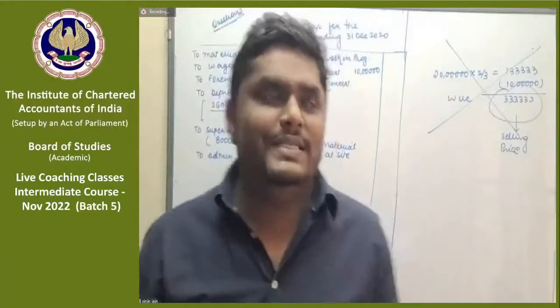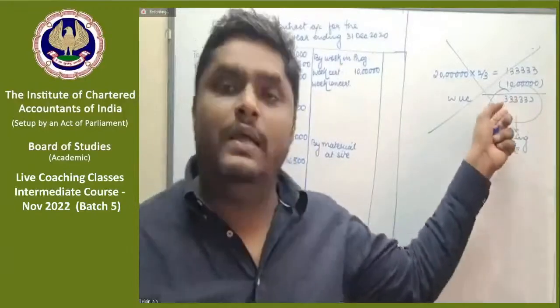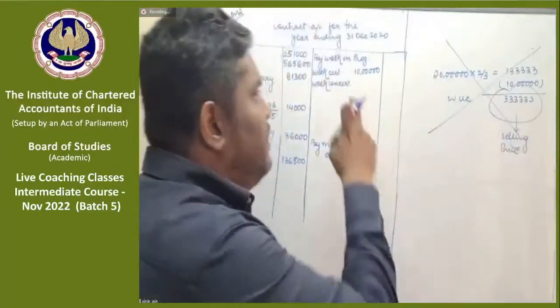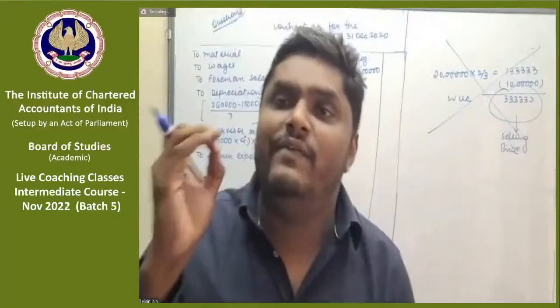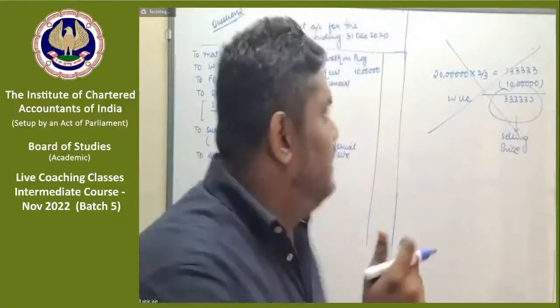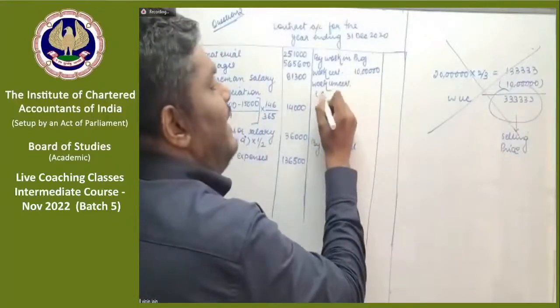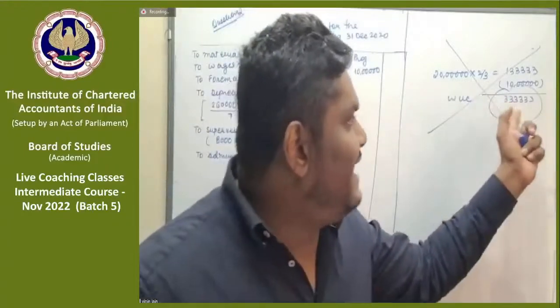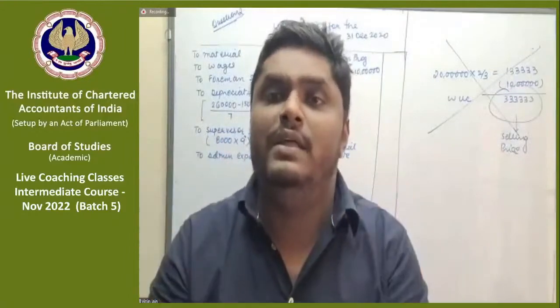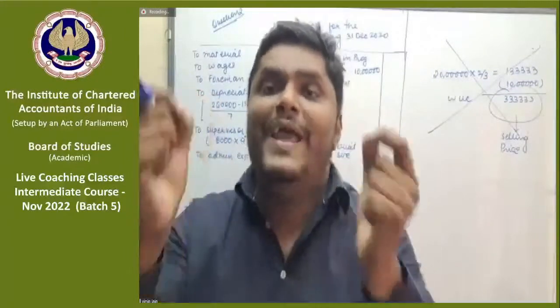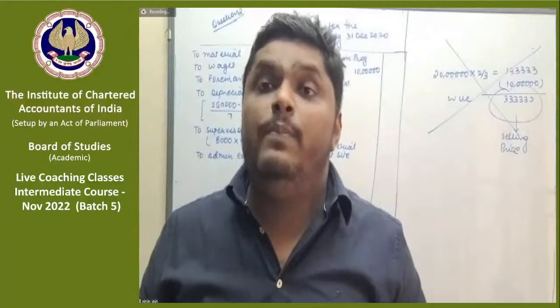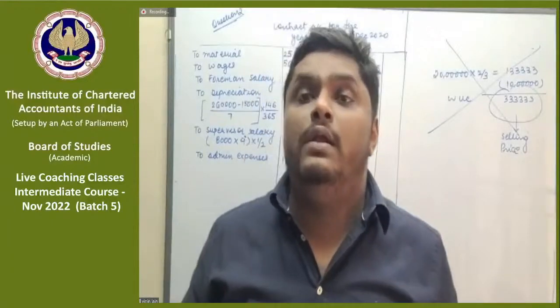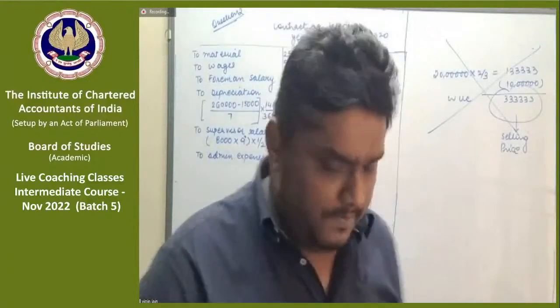So my point is, guys, is this answer correct? No. Why? Because work uncertified, as I have discussed, is valued at cost price. It is always valued at cost, not at selling price. This 3,33,333 is the selling price of work uncertified. So how do we calculate the cost of uncertified work?